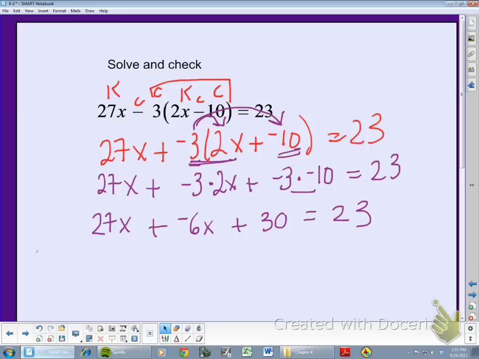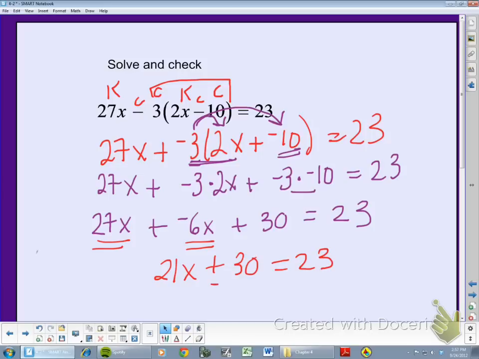So the 27x and the -6x are like terms. They're not like the 30, that's a constant. So before I start adding and subtracting from both sides, I want to add those two together. 27x plus -6x is going to get me 21x plus 30 is equal to 23.